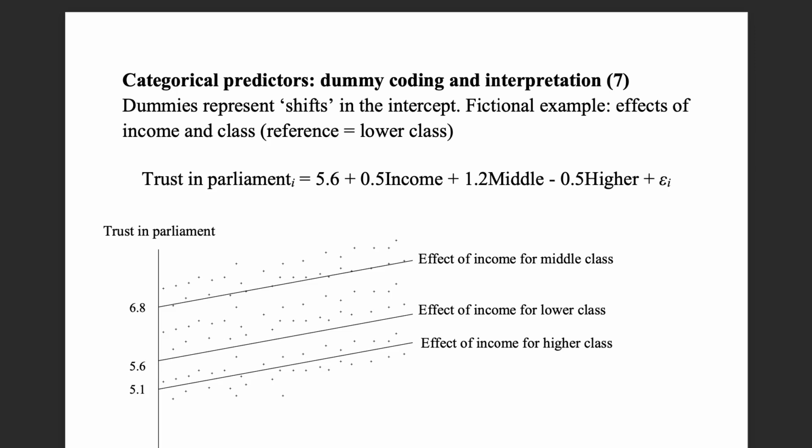So in other words, we see that the intercept for this income effect is lowest for the higher class people, who have an intercept of 5.1. It's a bit higher for the lower class people, who have an intercept of 5.6, and it is quite a bit higher for the middle class people, who have an intercept of 6.8. So that's another way of thinking about how we can interpret these dummy coefficients.